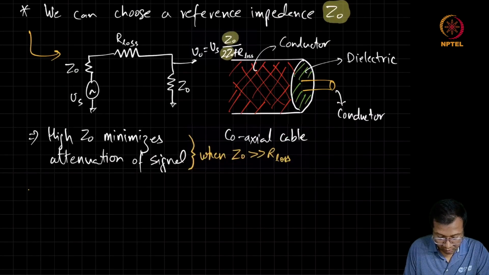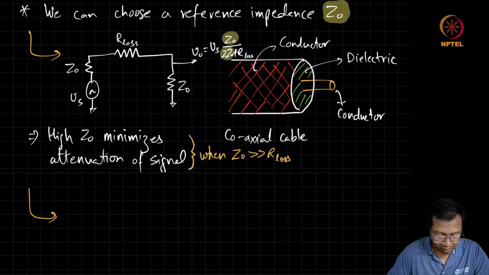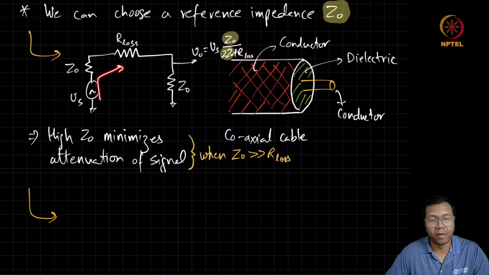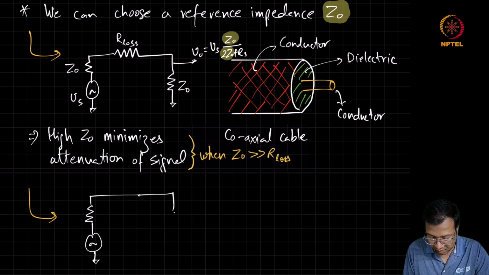Is there any downside of choosing high Z0? We can see that if the Z0 is chosen to be a very high value, then for the same amount of power to be delivered, we need to apply much higher voltage. Assuming Z0 is chosen to be a really high value, such that the loss in the line is not significant, then we can see a circuit which becomes like this.